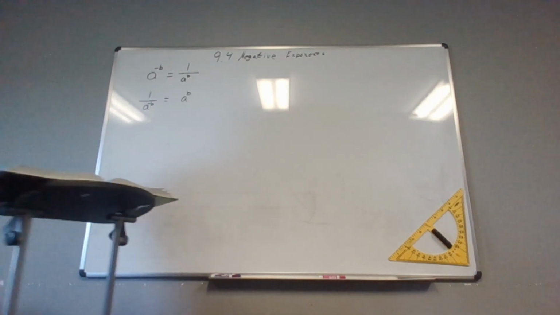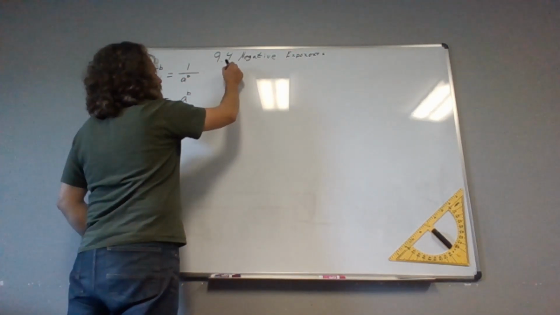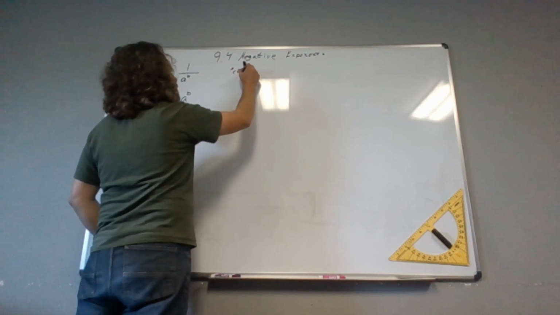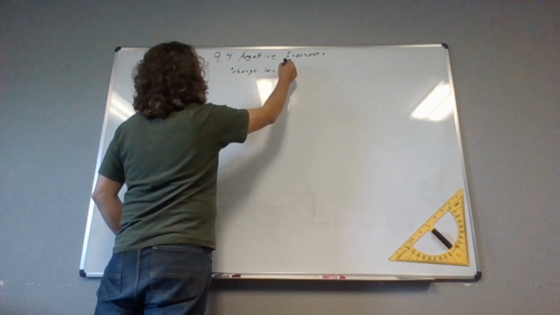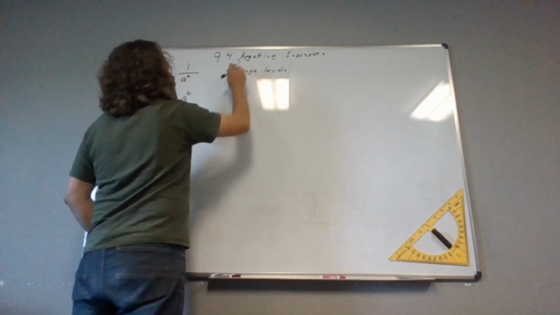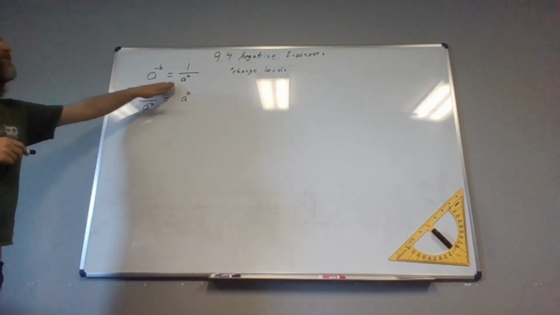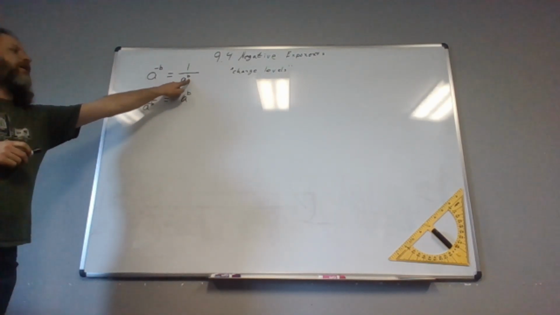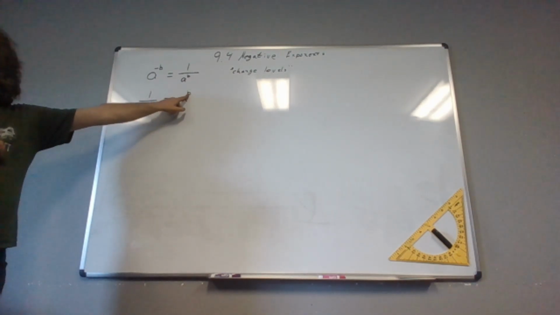So negative exponents, I like to say they change levels. If it was on the top, it goes to the bottom and it becomes positive. If it was on the bottom, it goes to the top and becomes positive. Easy peasy?